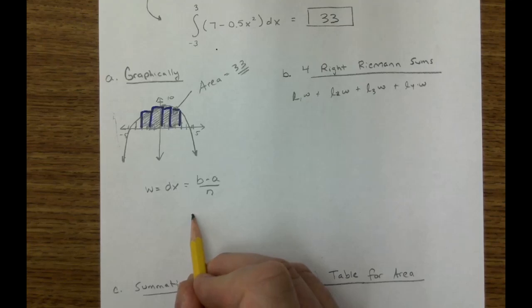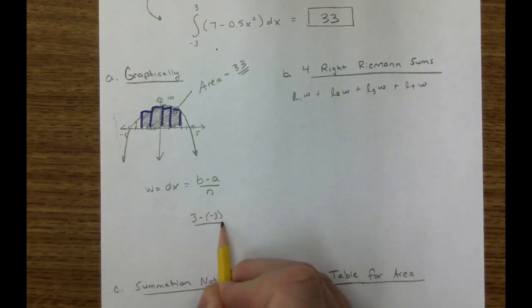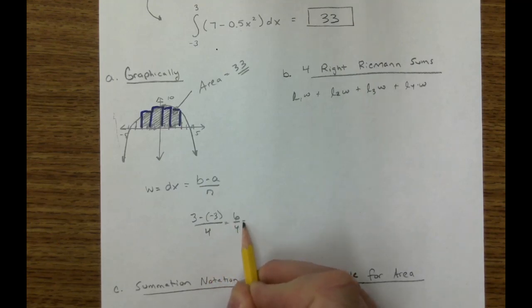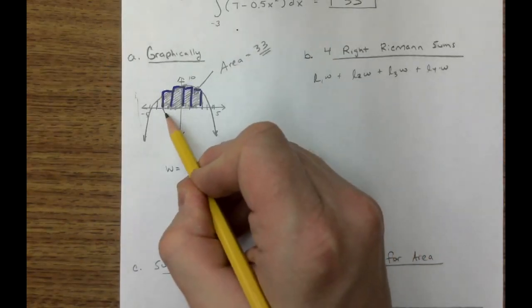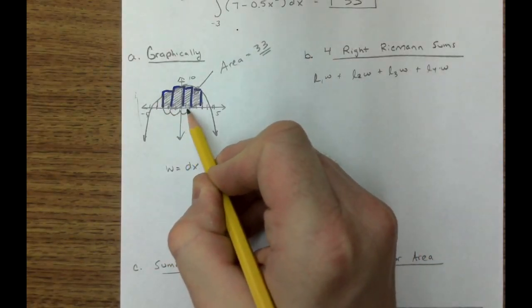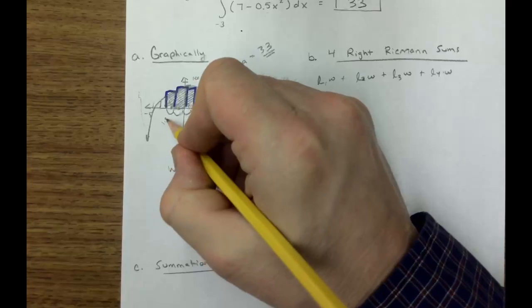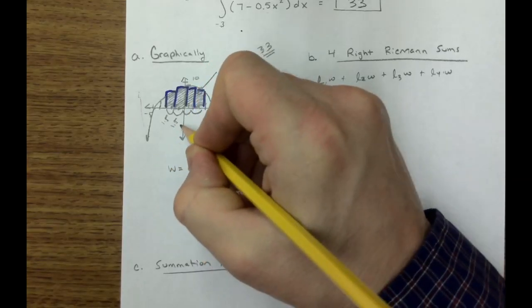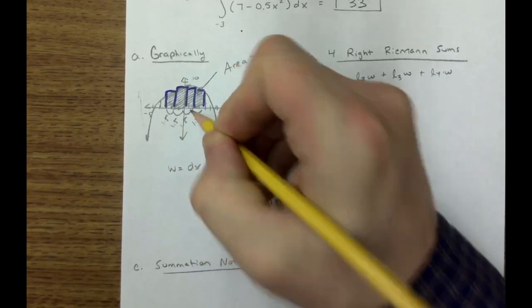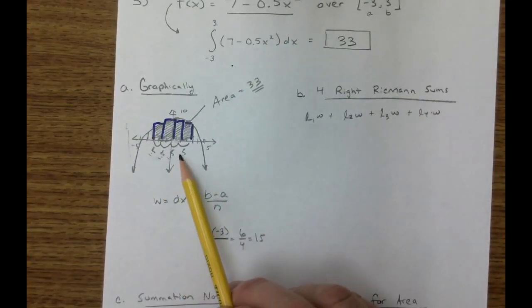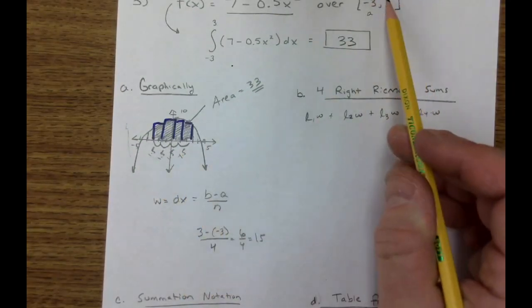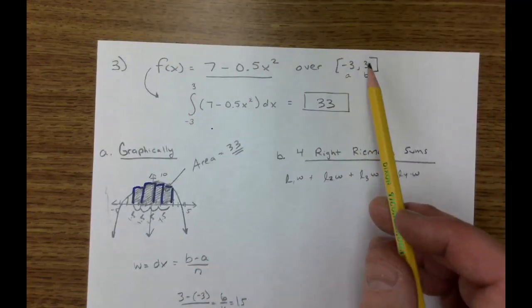So I have 3 minus -3 divided by 4 is 6/4, which is 1.5. So when I make these rectangles here, every step is 1.5, 1.5, 1.5, 1.5. And that should make sense because if you have 4 1.5s, you have your interval of 6. It's 6 from here to here.